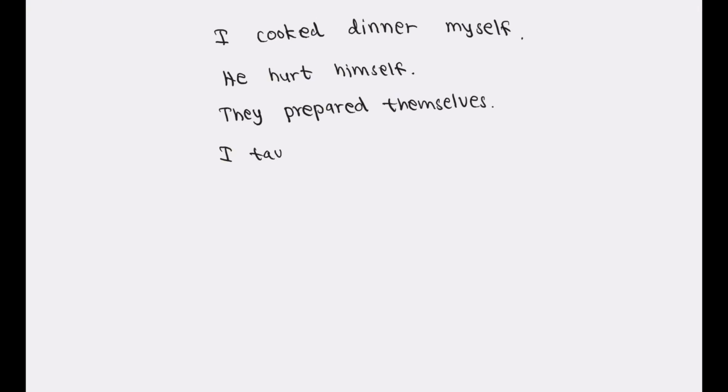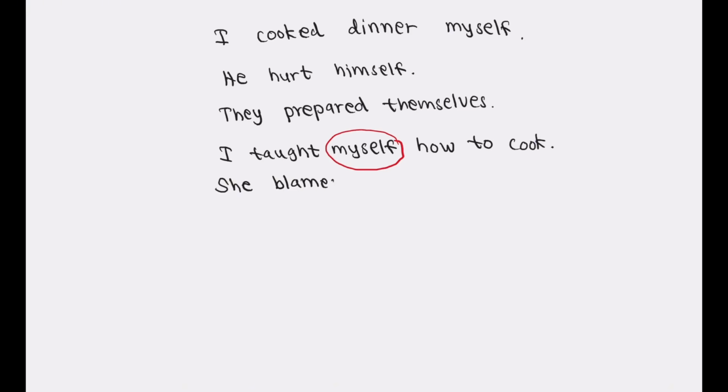I taught myself how to cook. Here you are both the teacher and the student. So the object and the subject are the same. That's why we have used a reflexive pronoun. She blamed herself for the mistake.